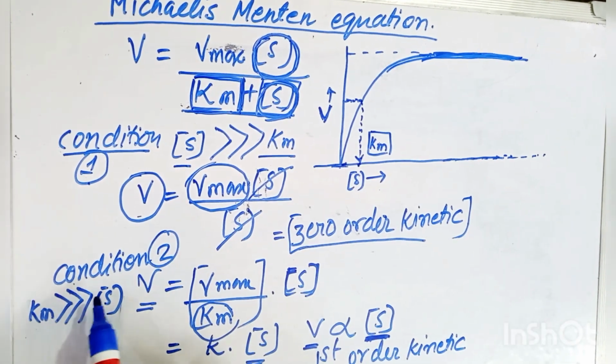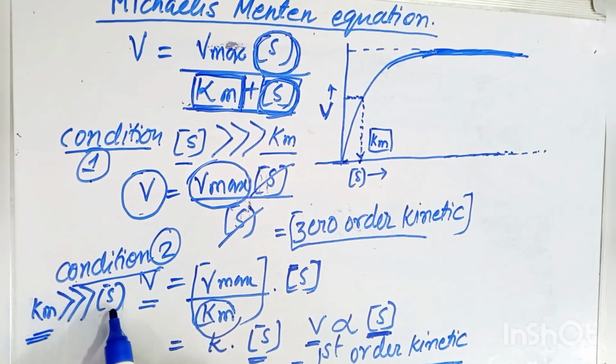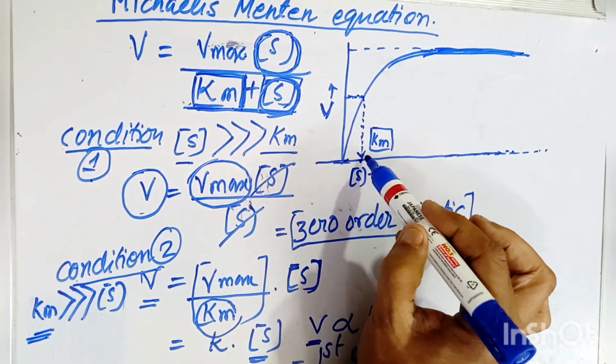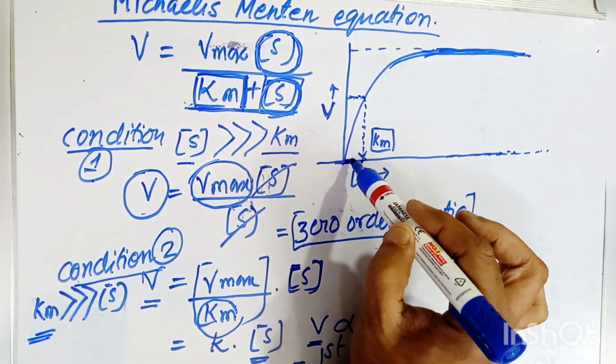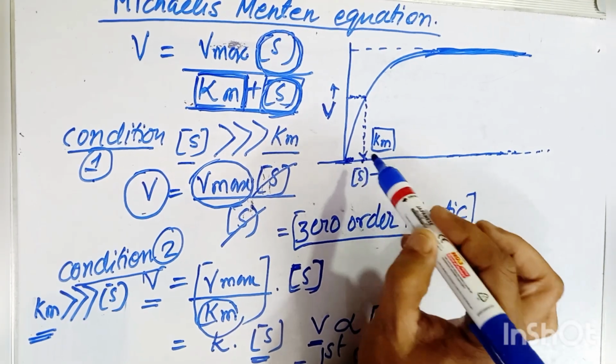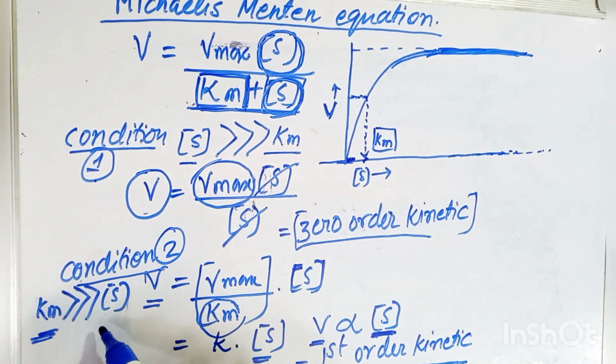And in condition 2, the value of Km is much greater than substrate concentration, means at very low substrate concentrations, while the value of Km is much bigger.